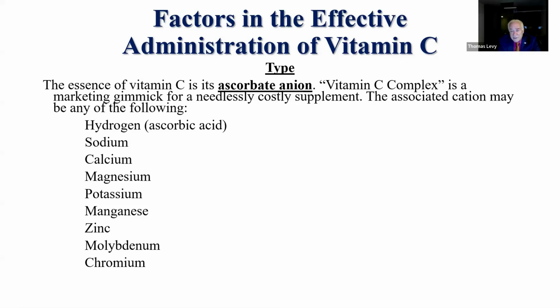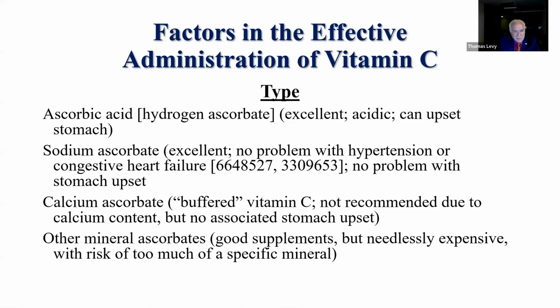A vitamin C complex is just complete bunk, completely ridiculous. Vitamin C does work even more effectively if you give other good antioxidants, which you will see in the so-called vitamin C complex, but they're not essential for getting the impact of vitamin C. They've even gone so far as to say ascorbic acid is not vitamin C. That's ridiculous.